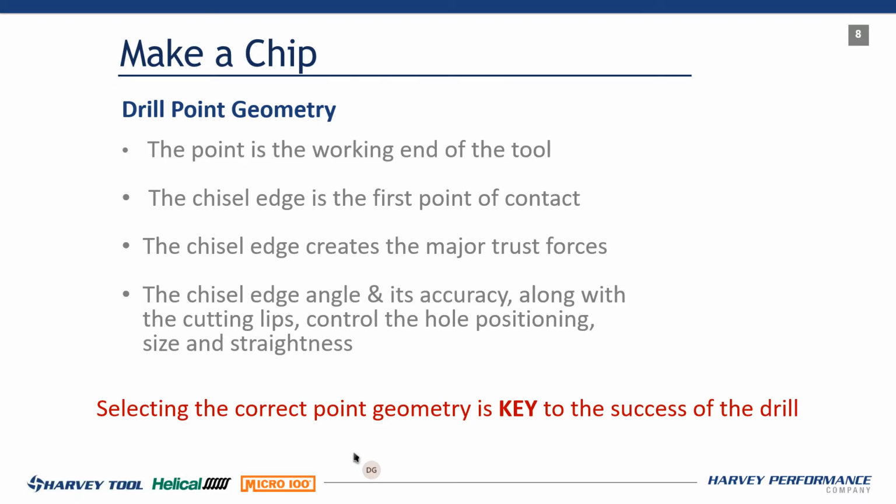But the thrust force from the drill is coming from the chisel edge. The chisel edge angle and its accuracy, along with the cutting lips, which are the outside of the drill, control the positioning, size, and straightness. So selecting the correct point geometry for your application is key to successfully drilling good holes.